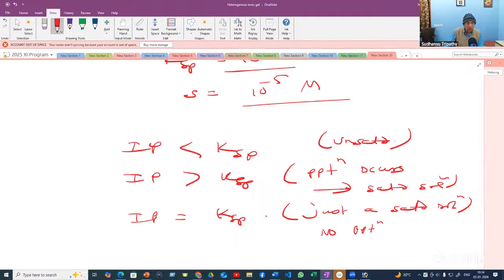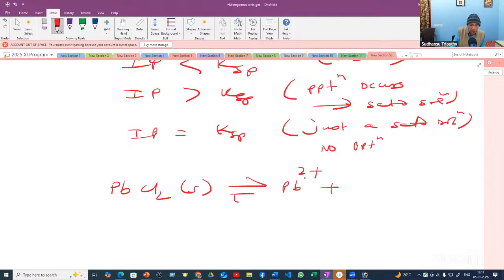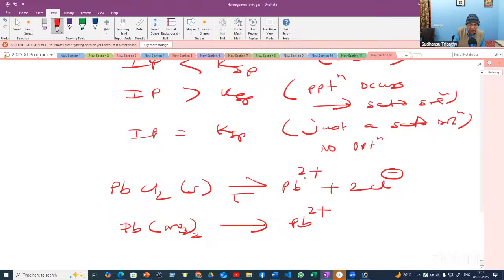And here also the common ion effect is very, very elegantly applicable. For example, you have PbCl2 in pure water, and you are trying to study its solubility in lead nitrate, which is a strong electrolyte. The common ion is the lead ion.